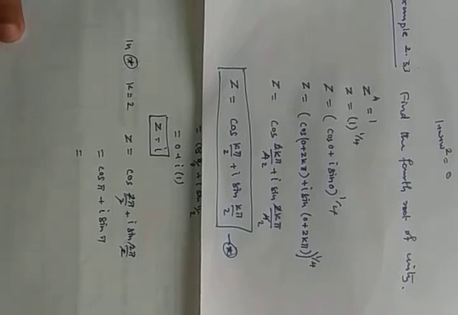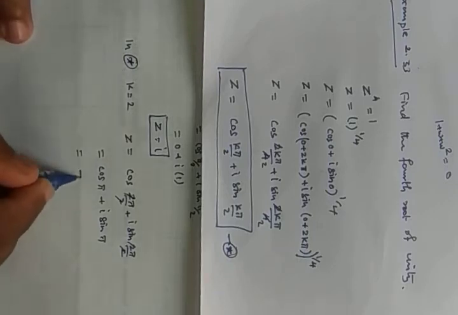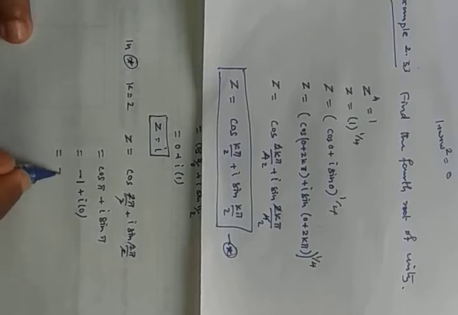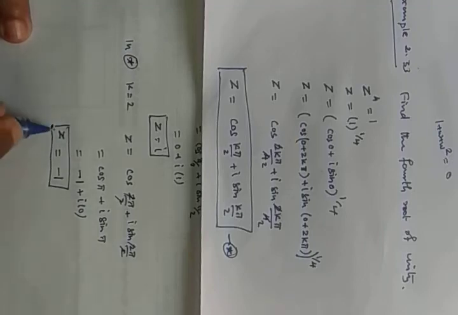Cos 0 is 1, cos 90° is 0, cos π is −1. Sin π is 0, so i into 0 is 0. Therefore we get z = −1. Is that clear?